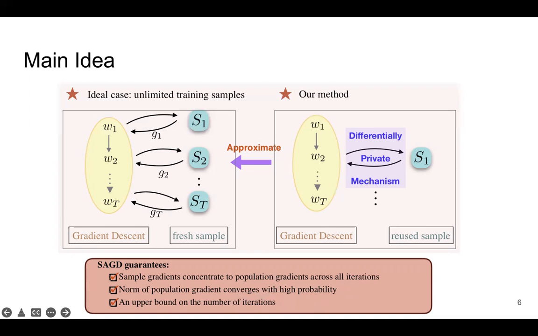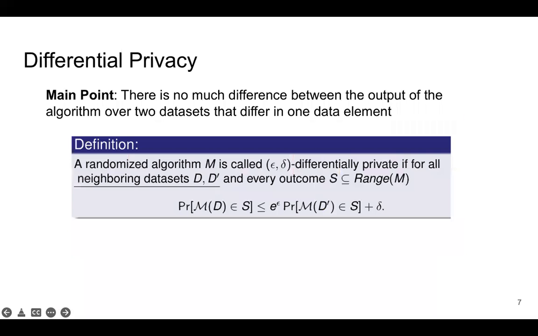Since they consider differential privacy, I will introduce the basic idea of what differential privacy is. Differential privacy provides a privacy standard for data privacy. It guarantees that there is not much difference between the outputs of the algorithm over data sets that differ in one data element.